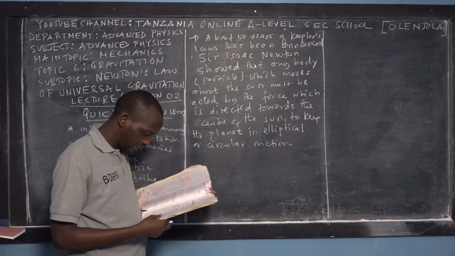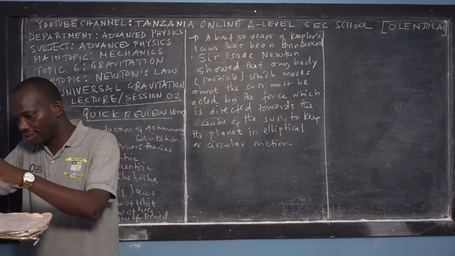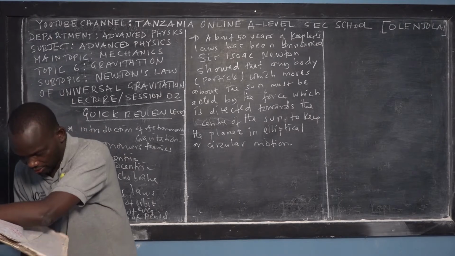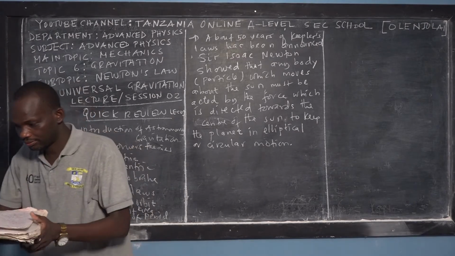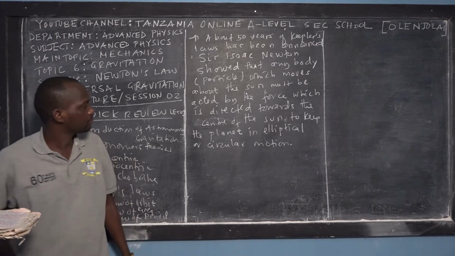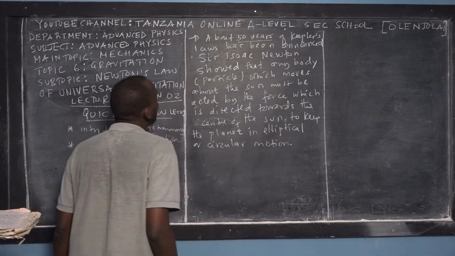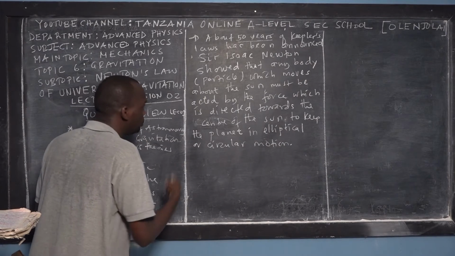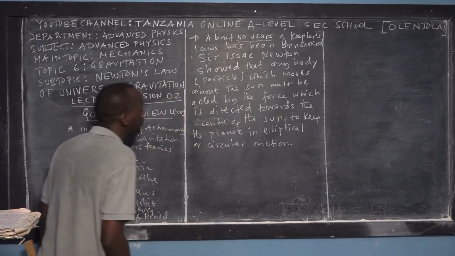So let me explain in brief what I've written there, so that you can enjoy the beauty of physics. About 50 years after Kepler's laws were announced in the world, you remember I told you in the first lecture about Kepler's laws.